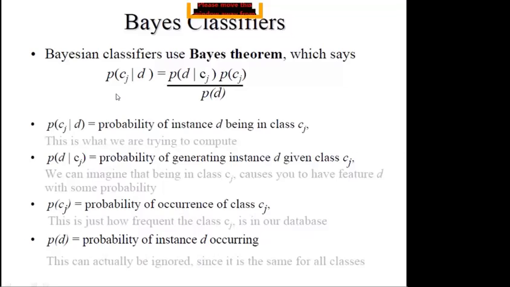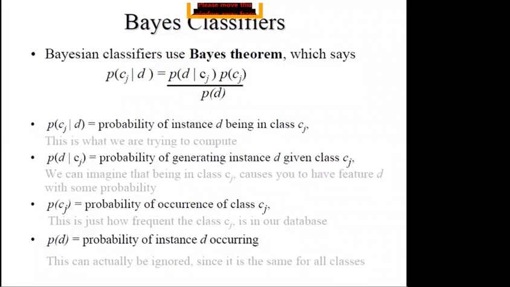So what is P of Cj given D? It is the probability of instance D being in class Cj. Okay, you got the new data. In our previous case, that new data was the antenna length. It is the probability of this new antenna length being in class Cj. If there are four classes, you have to calculate this for all four classes: the probability of this data belonging to class 1, class 2, class 3.